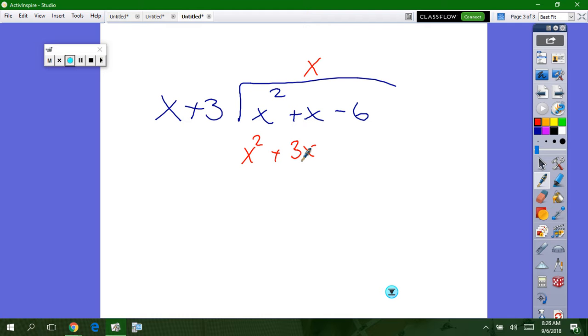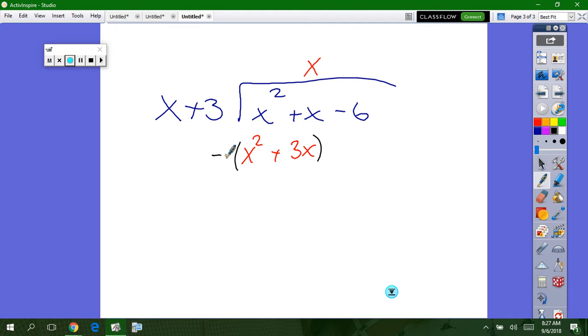We figured out what went into it, and then we multiplied it, correct? Now, just like previously, what did we do with that number after we multiplied it? We subtracted. Just because there's not a subtraction here doesn't mean that I don't have to subtract this. So I put parentheses around this, and I subtract it. Why do I put parentheses around it?